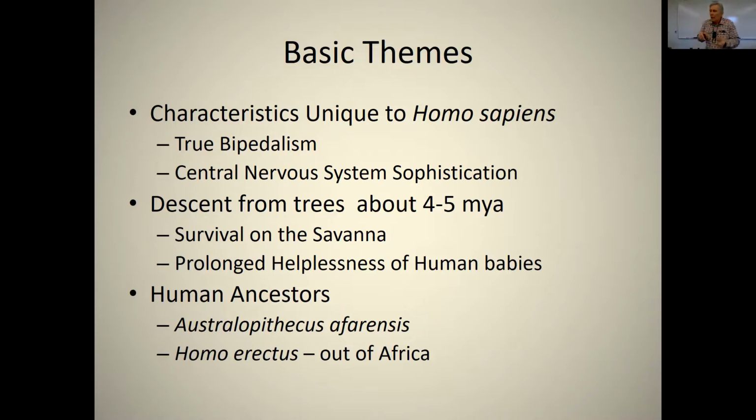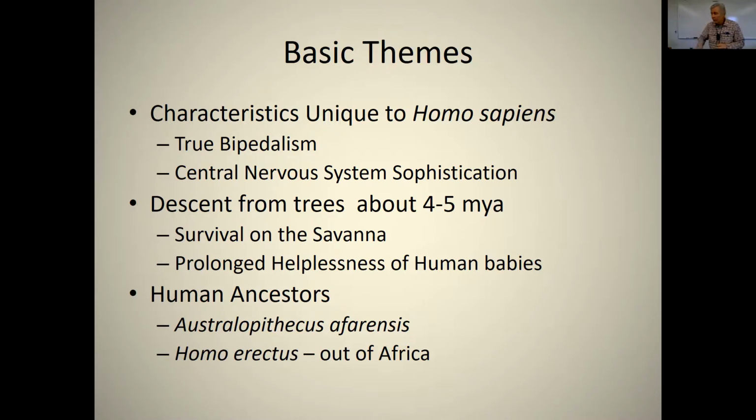That's precocious. Human infants are completely helpless for years, completely dependent upon their parents. So this requires a really good social structure to keep these infants alive. Okay, to human ancestors.